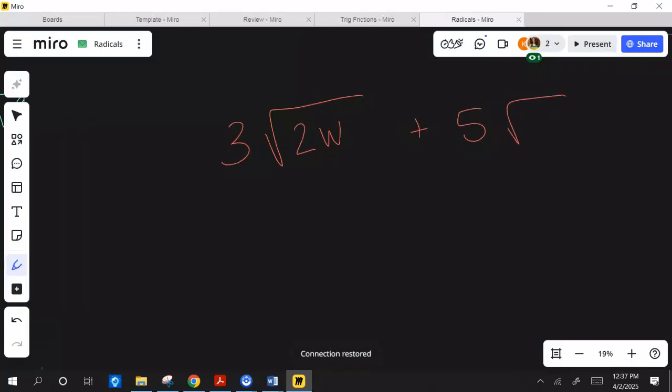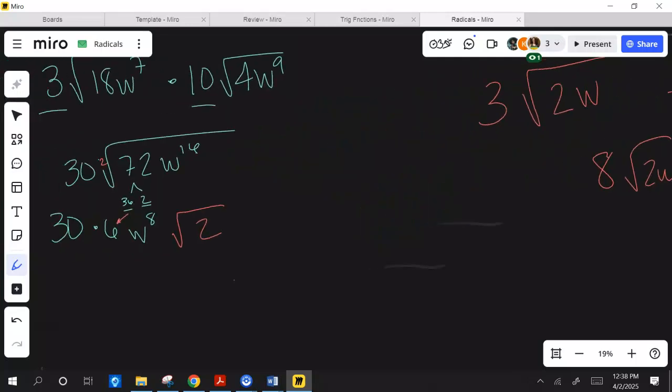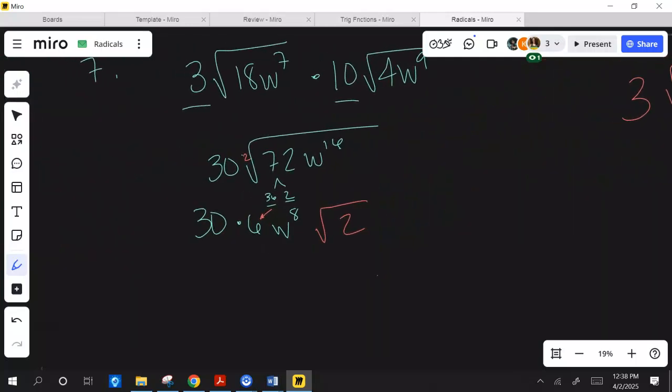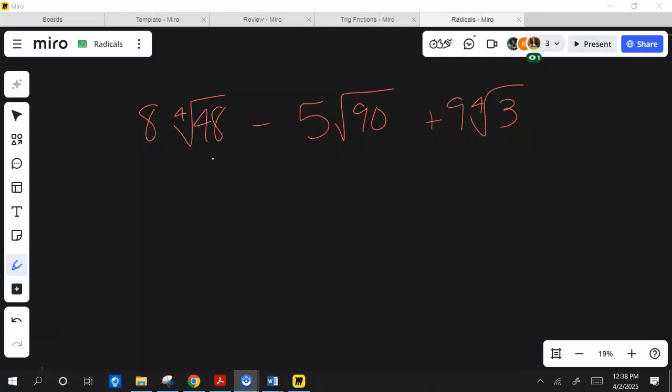Either one, I do. It just depends on if I see it right away. This, I would combine, this would be 8 times the square root of 2 because they're like radicals. 16 and 3. So that gives me 8 times the 4th root of 16 is 2 times the 4th root of 3.